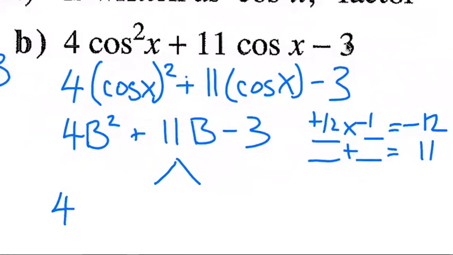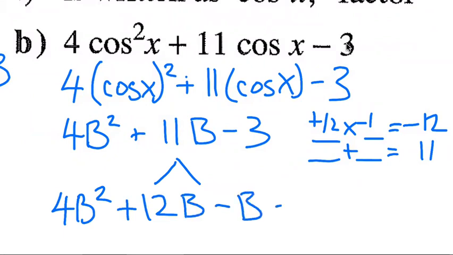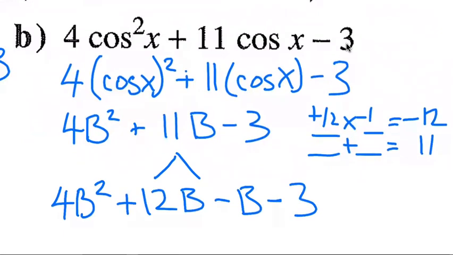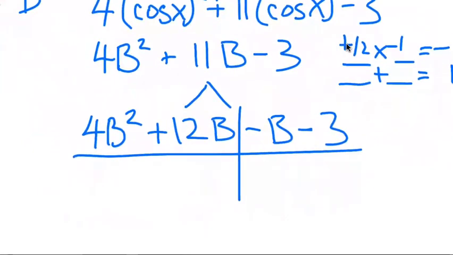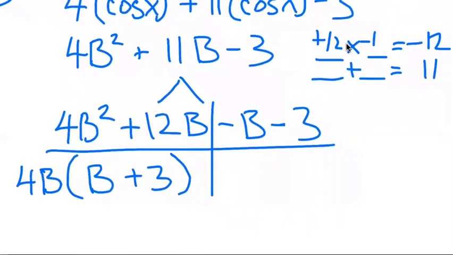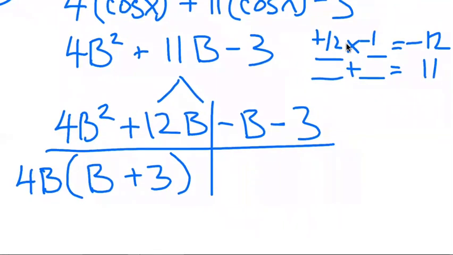Decompose: 4b squared plus 12b minus b minus 3. Draw your T, factor by grouping. Greatest common factor of 4b squared and 12b is 4b, leaves me with b plus 3. Greatest common factor of minus b and minus 3 is at least -1, b plus 3.